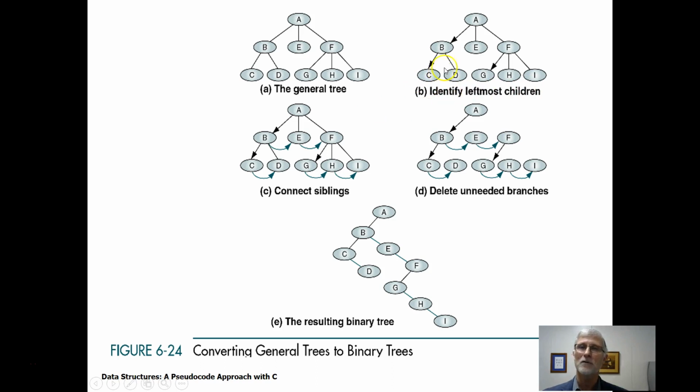Second, I'm going to connect all my siblings. So I connect B to E, E to F, C to D, and G, H, and I together. Then I get rid of any unnecessary links: the one from B to D, and the ones from F to H and F to I. All of a sudden you have the resulting binary tree.